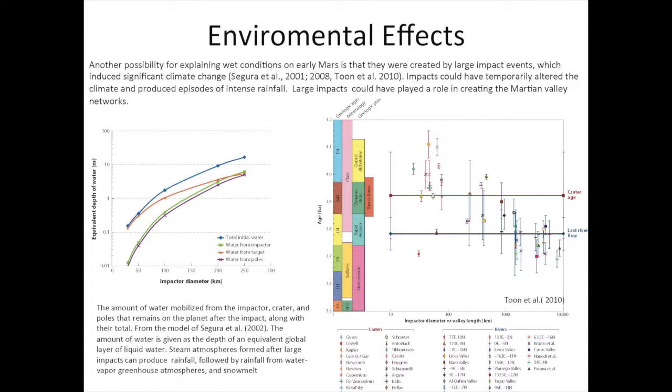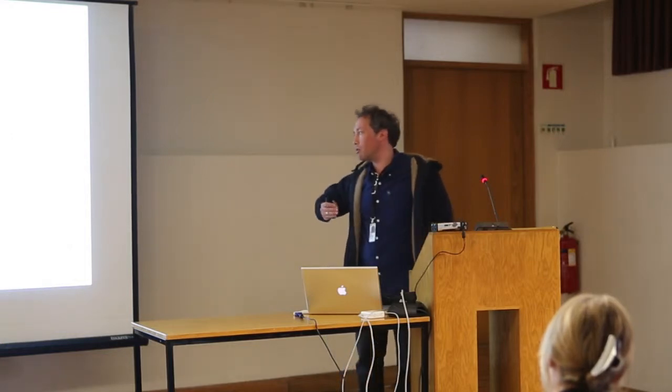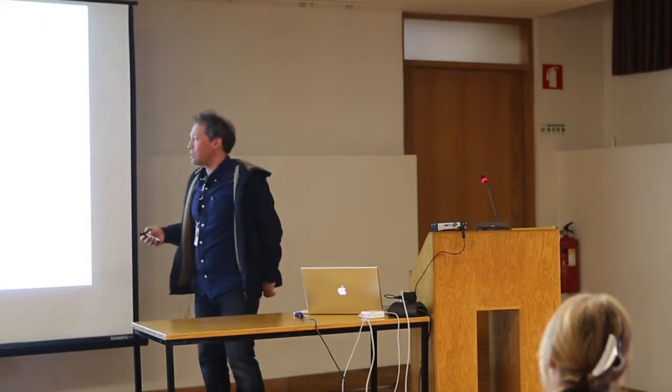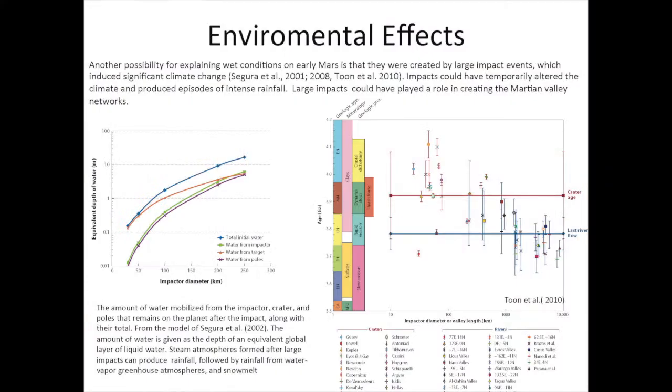This has been studied by several authors. It seems that you can create a steam atmosphere and greenhouse effect that can enhance the rains and create a wet climate from several years up to maybe 10 or 50 years. So this is an episodic part. It's interesting that this also coincides in terms of timing with the formation of Martian valley networks.